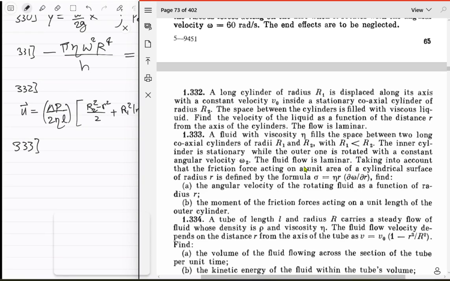What do you want to find? You want to find the angular velocity of the rotating fluid as a function of radius r, okay, and the moment of the friction forces acting on the unit length of the outer cylinder. On a unit length of the outer cylinder, what? What does the unit length even mean in this context? Oh, okay, so the length of the cylinder, right?